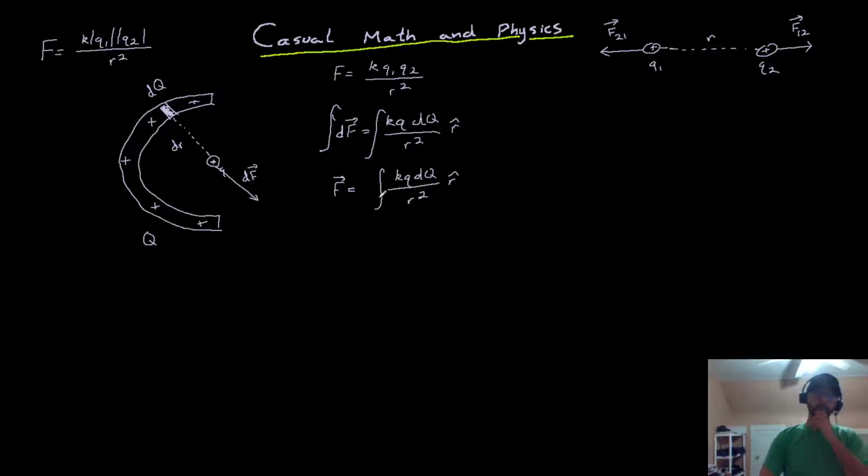Now, what you could normally do, and I haven't tested it on a harder problem, but I believe this should work if you were doing a harder problem. Say this wasn't the nice center of the semicircle, and maybe even if you didn't have a uniform charge density, although that would create a different issue that I don't think is going to come up in this problem. But if we didn't have some of the nice symmetry given in the initial problem, I believe what you'd have to do is say Fx equals this thing in the x component direction, and then Fy is this thing in the y direction.